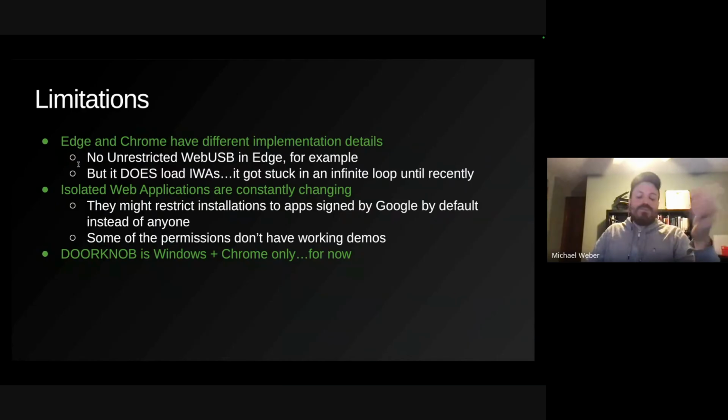In general, some of the permissions that I've seen, I couldn't get working, but I'm assuming that there will be more permissions added to IWAs if they grow in popularity, which I hope they do, because I think it's a really cool feature to have in the browser. And then finally, the sideloading code is actually macOS and Windows now. I've added code for that. macOS is way more unstable, but it does work.